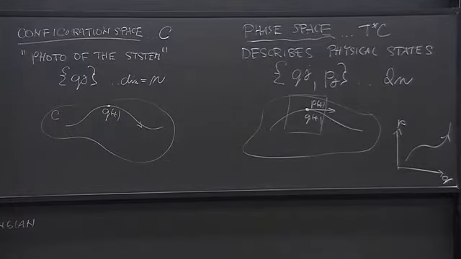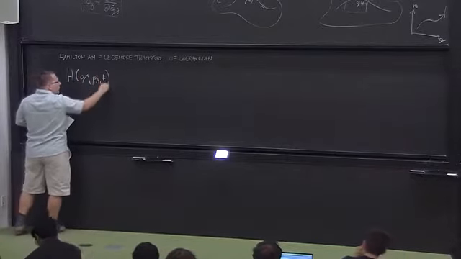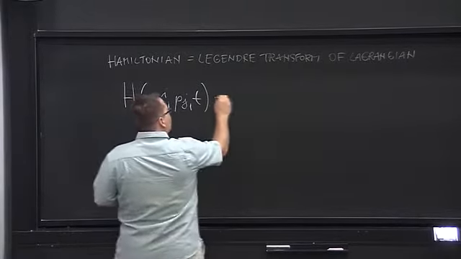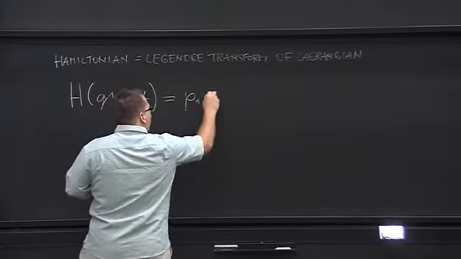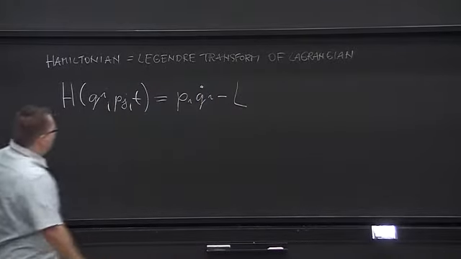So now you have the Hamiltonian, which is a function of Q, P, and possibly T, and it's given by P_i Q_i dot minus the Lagrangian.